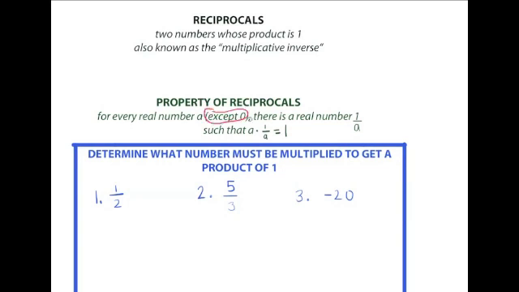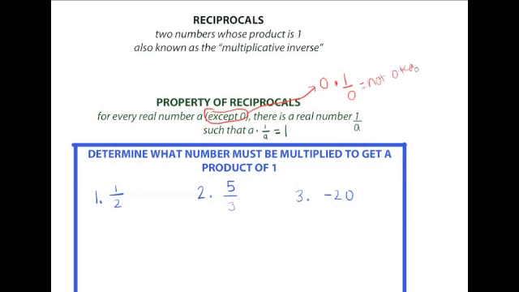It has probably been told to you that it is not okay. We can have a 0, but it doesn't have a reciprocal because we cannot do this. So having something over 0 is not okay.